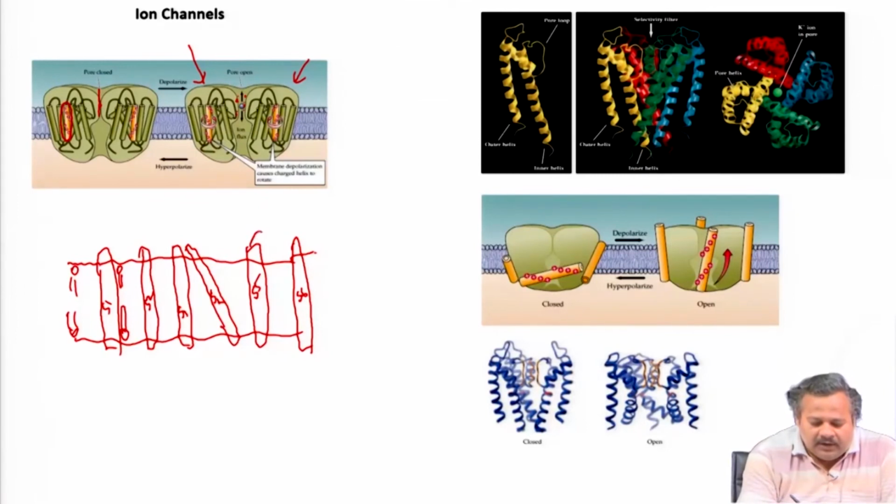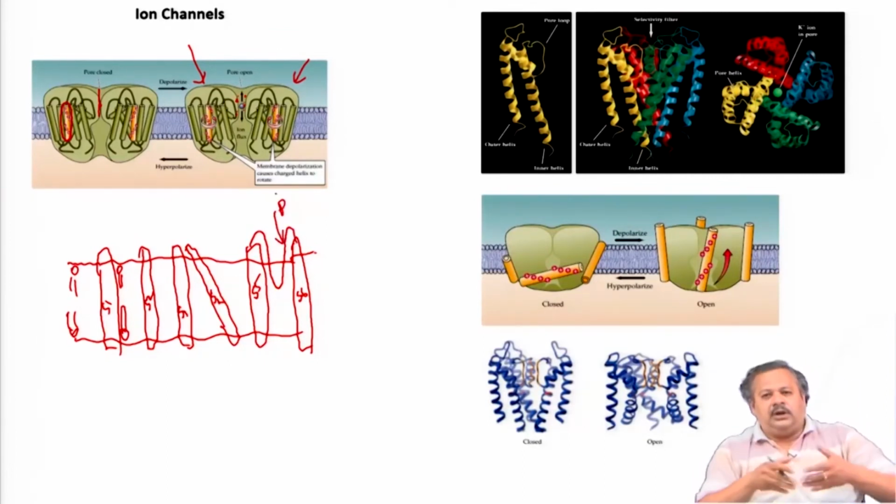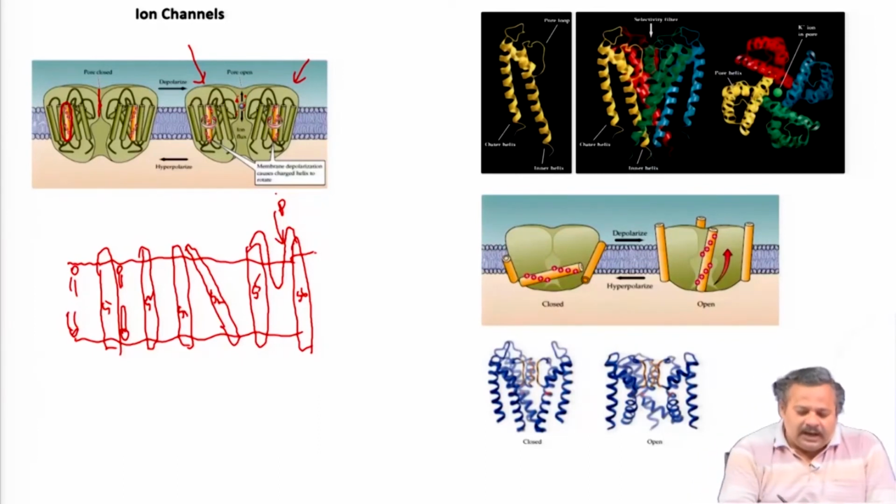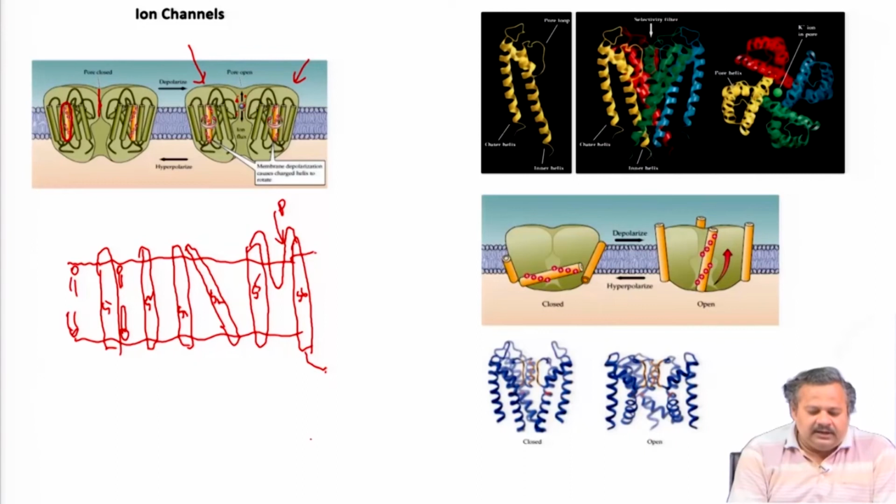What we have here is the protein backbone. Here we have the section, that is the pore, which goes into the membrane, and the final protein ends inside here, and there is a linker segment from the S4 to S5.